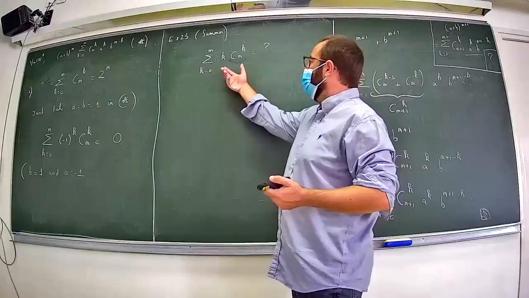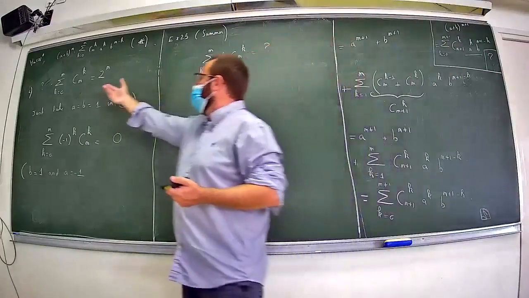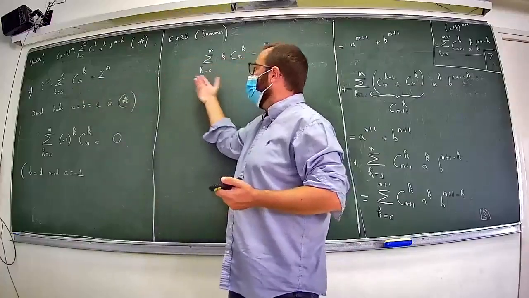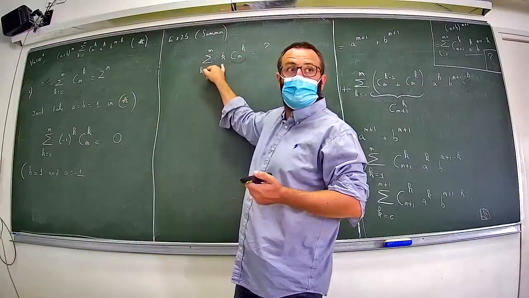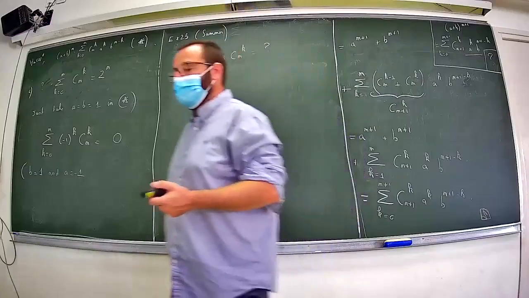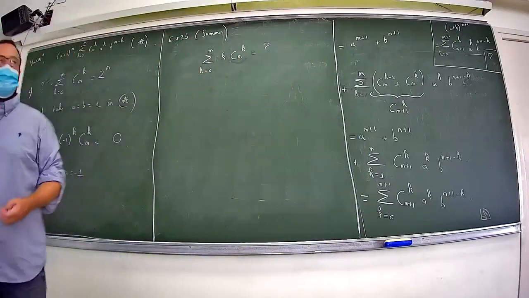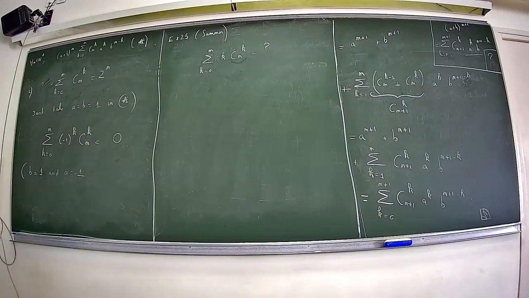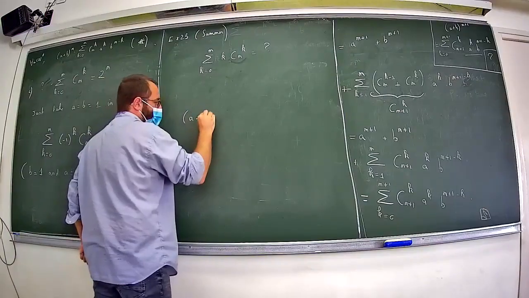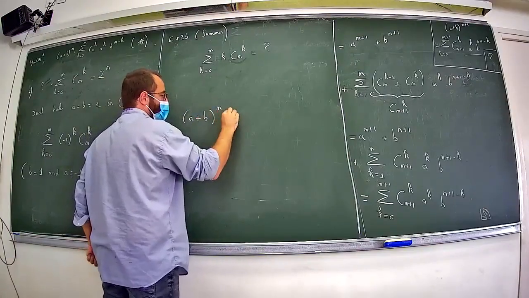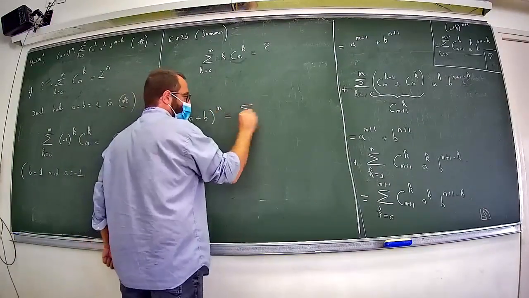So from this sum to this sum, what I have to do, in fact, is make this k appear here. Do you have an idea? So, my basis will be this one, what I have proved previously.